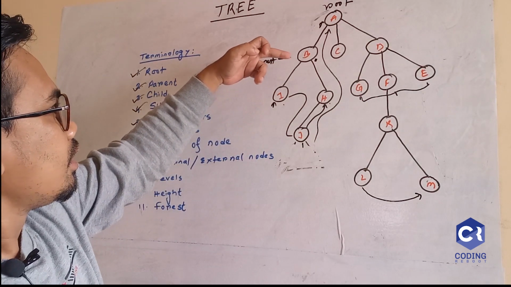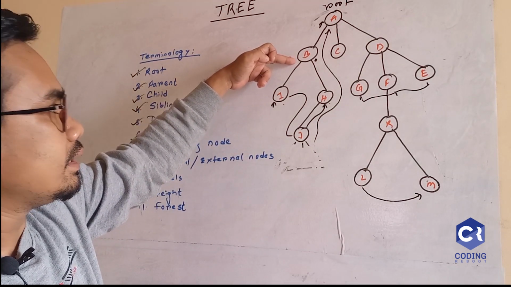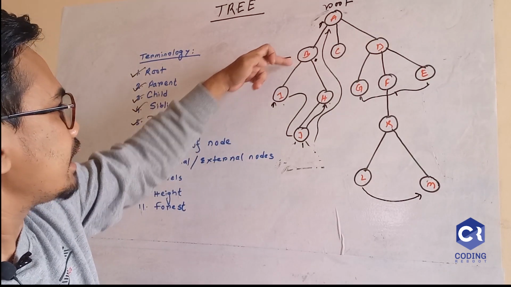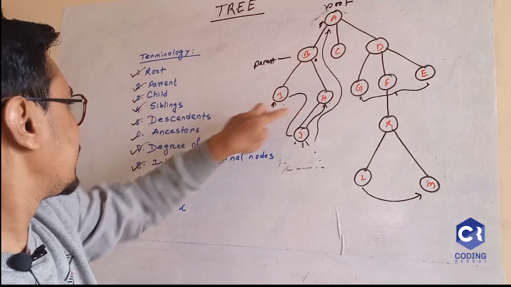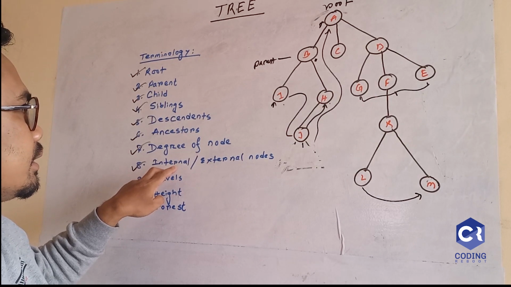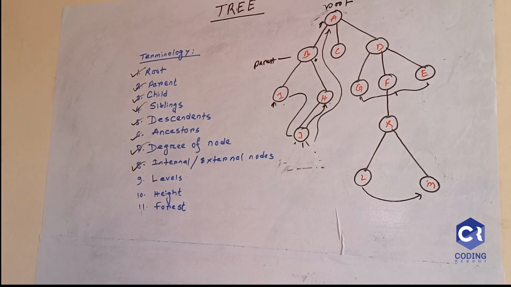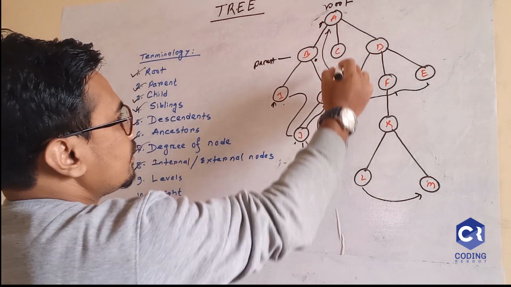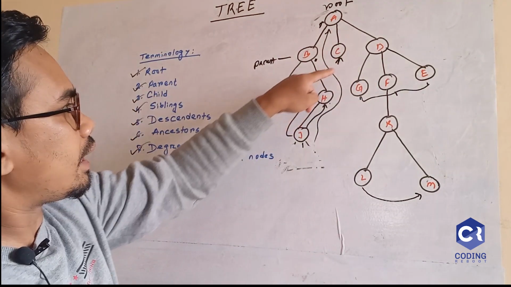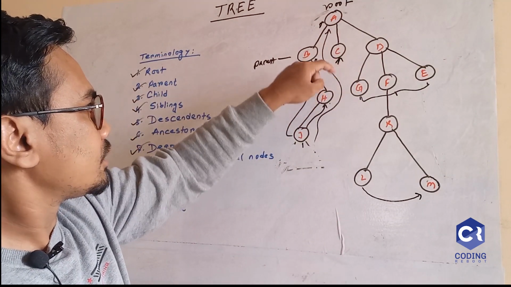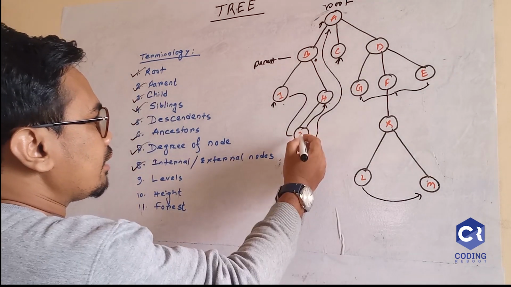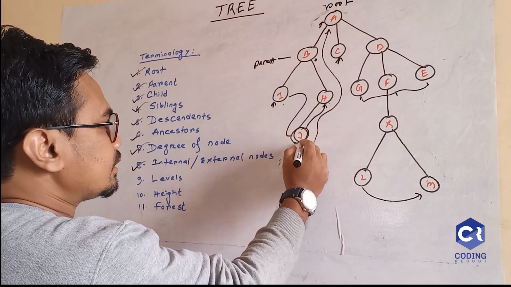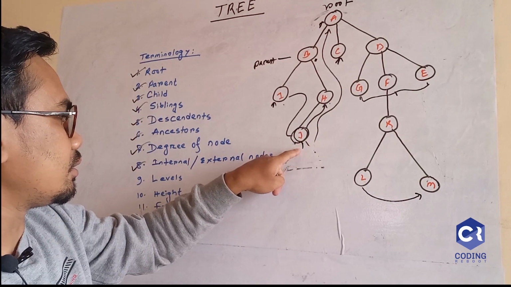For example, B is an internal node because it has 2 children and its degree is 2. For node C, there is no child, so this is an external node. And for J, there is no child. That is an external node also.